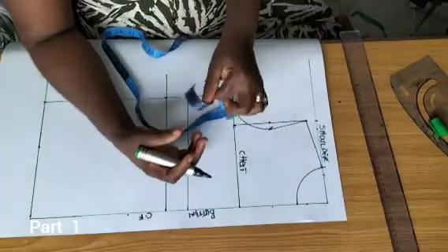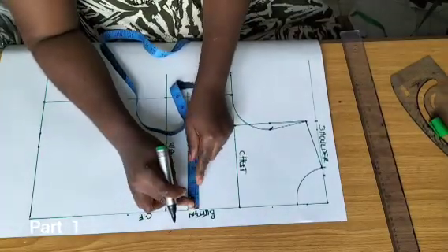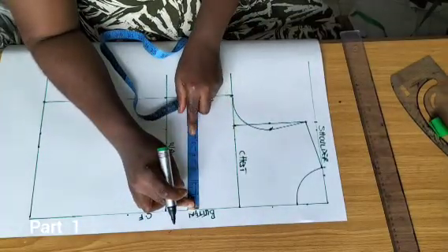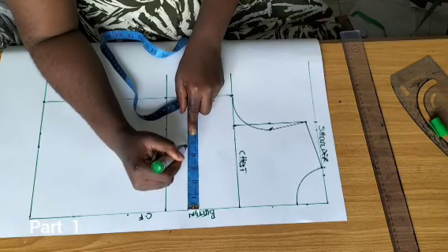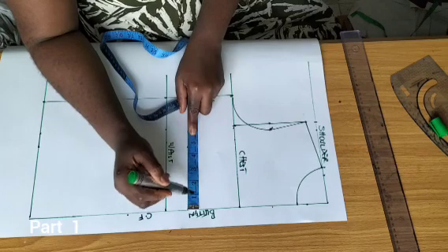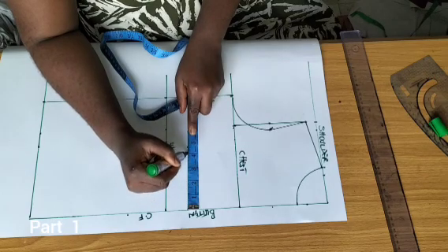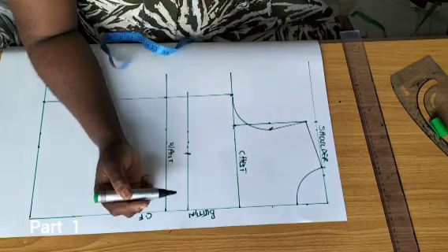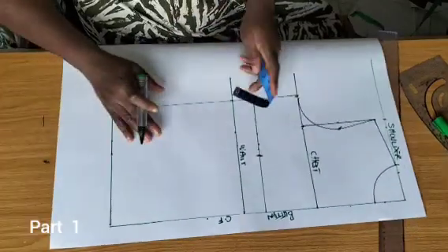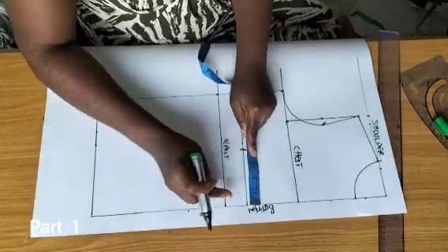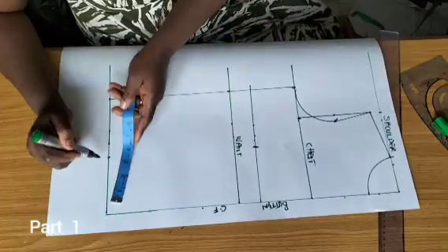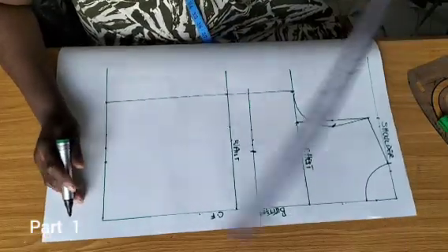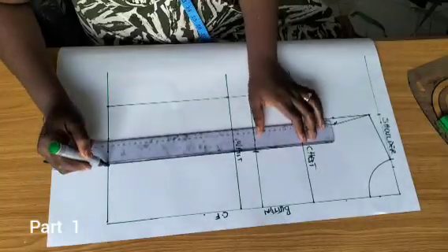So I'm going to take my bust span. If my bust span is 4 inches, I'll add 0.5 to it. If it's 3.5 inches, I'll add 0.5. Whatever your bust span is, add 0.5 to it, and whatever measurement you have right there, bring it down right here, and then you rule a straight line across.